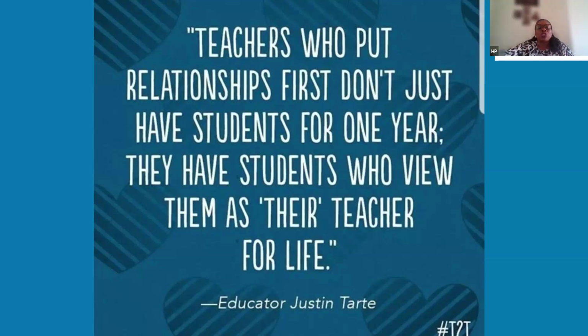Is there anyone that would want to share their experience and what they did differently that made their students love them and see them as their teacher for life? Is there anybody that would like to share? You can do that by raising your hands. Let's see if there's anybody that would like to share.